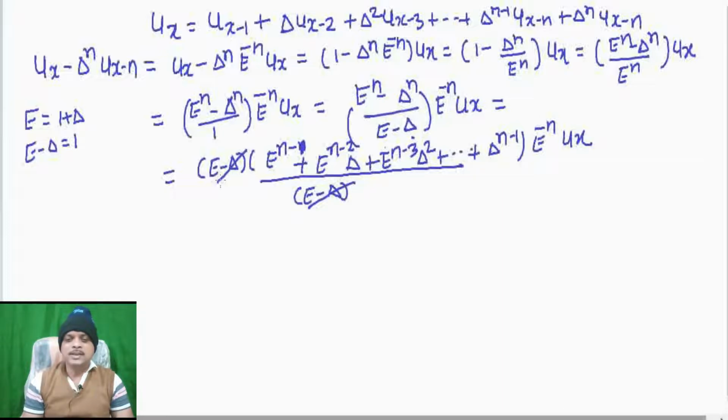So e minus delta gets cancelled, and look at this: this is e raised to n minus 1 and this is e raised to minus n.